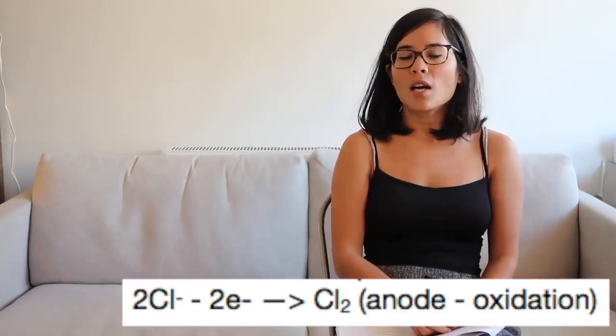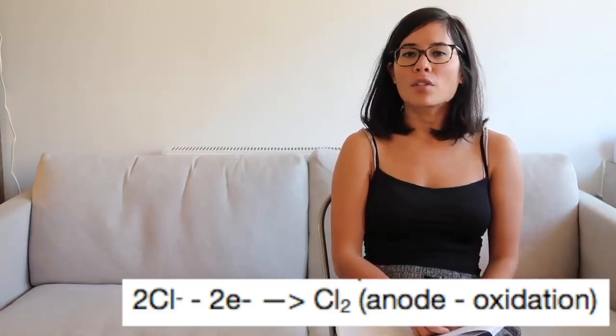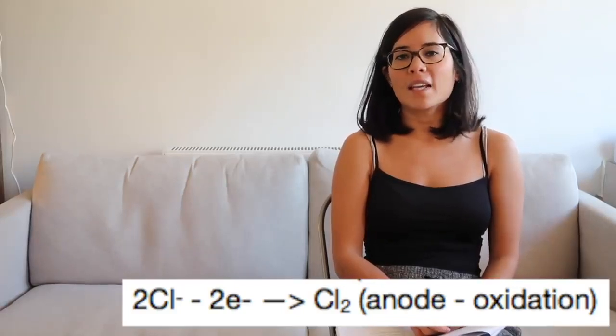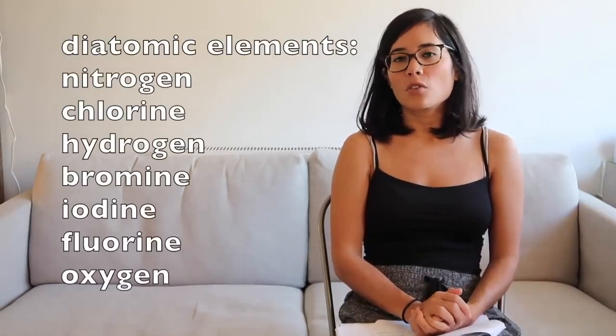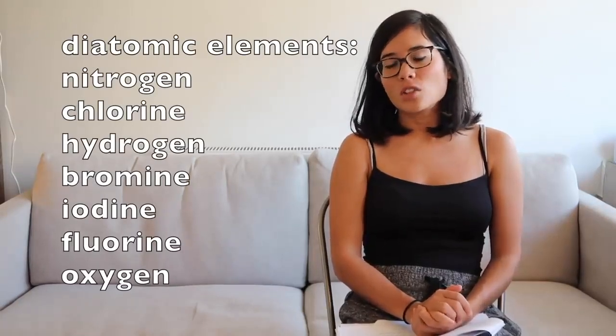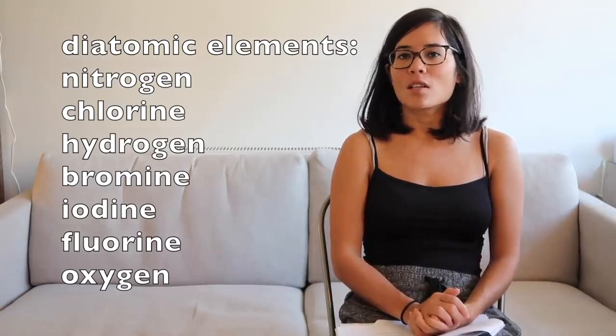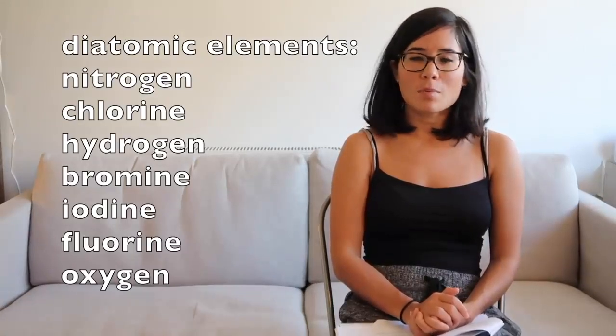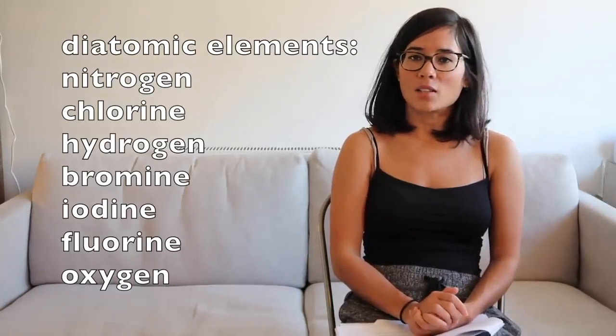Do notice that both hydrogen and chlorine are diatomic molecules, so you'll be making H2 and Cl2. And remember the other elements which are also diatomic are nitrogen, oxygen, fluorine, chlorine, bromine and iodine. Do remember this as a list, because in case it comes up and you've got to balance equations, you've got to remember that they're diatomic.